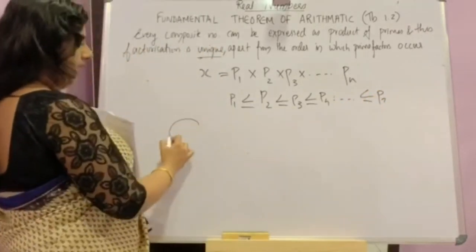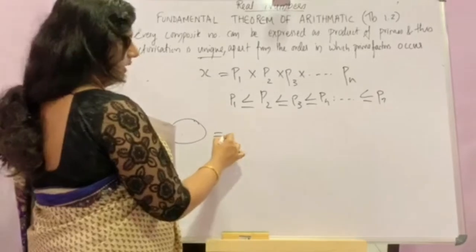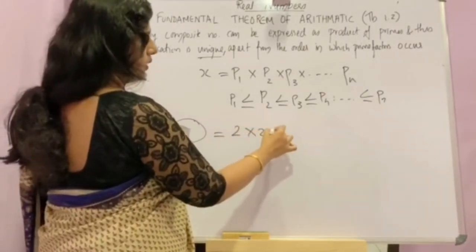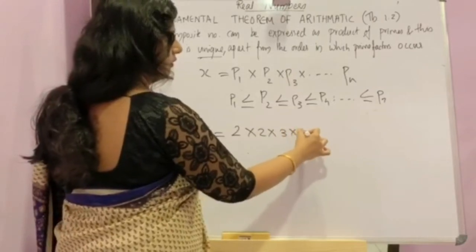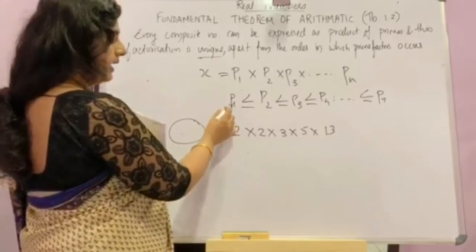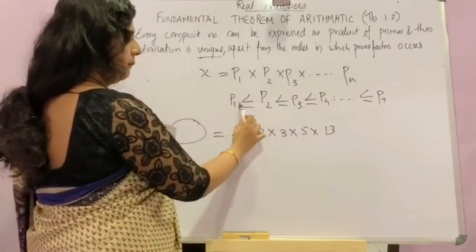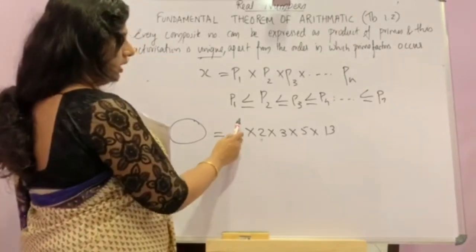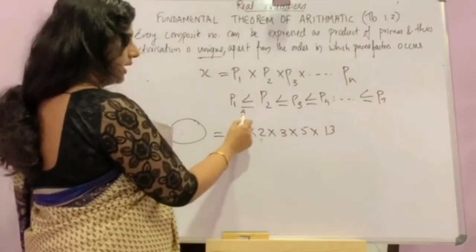Because for any number, the prime factorization will be like 2 into 2 into 3 into 5 into 13. Then you can see here P1 and P2, consider it. It is either less than or equal to.